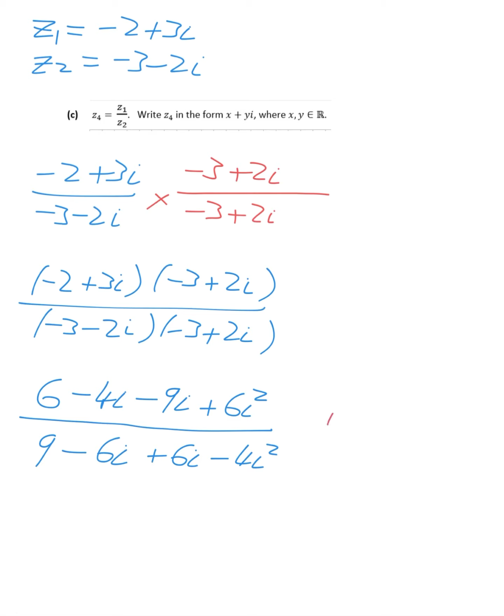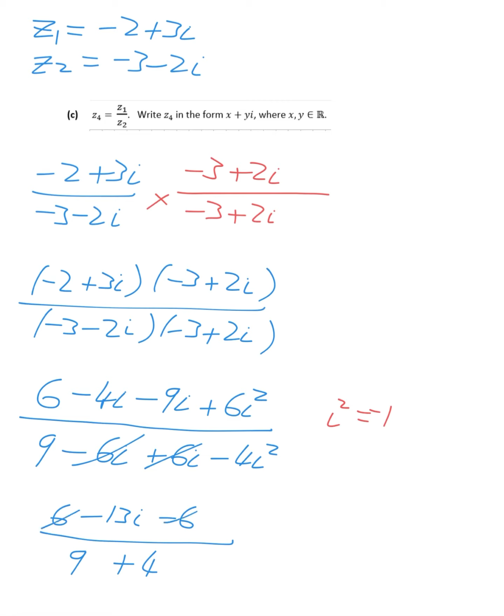So remember then that i squared is equal to minus 1. So then on the top we're going to have 6 minus 13i minus 6. At the bottom then we can see that the minus 6i and plus 6i will cancel. And then we'll have 9 plus 4.